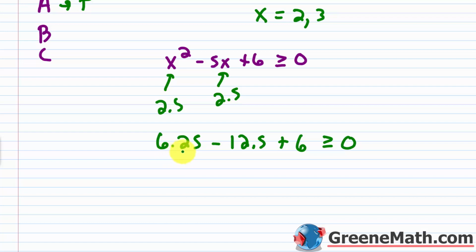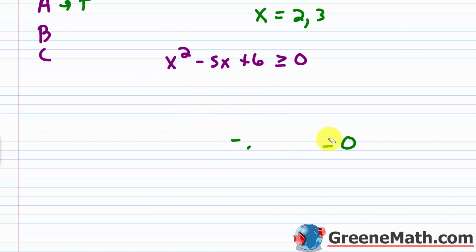Well, no, it's not, because 6.25 plus 6 is going to be 12.25. And if I subtract away 12.5, I'm going to get negative 0.25. So that's not greater than 0, and it's not equal to 0, because obviously it's a negative, and so it's not going to be greater than 0. Okay, so let's erase this.